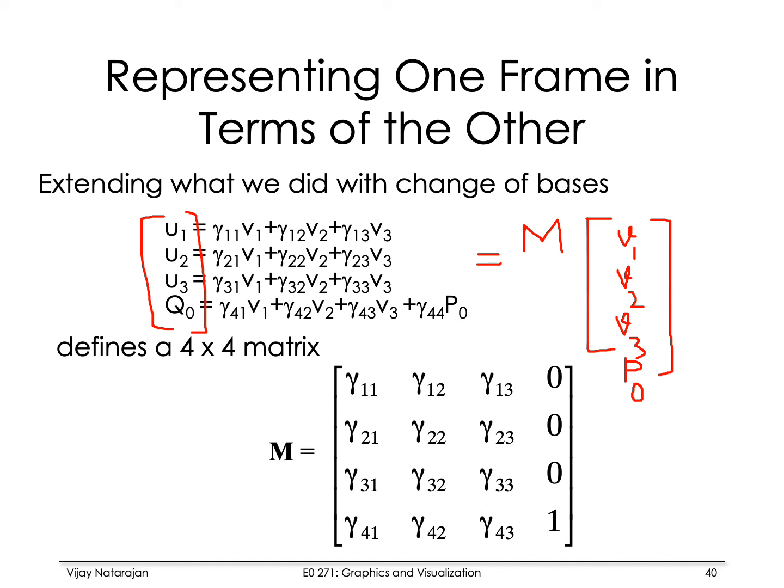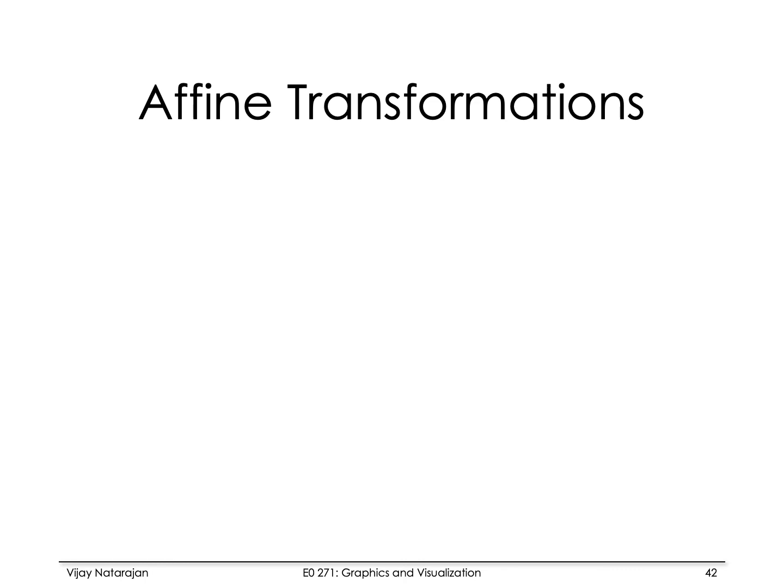Given this matrix M, we can write the representation A in terms of the representation B as follows: A equals M transpose B. The matrix M helps us transform one representation into another.